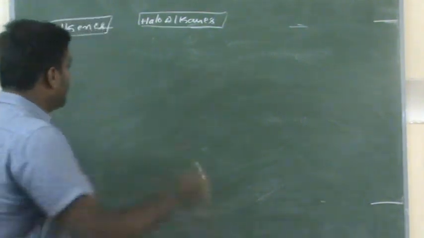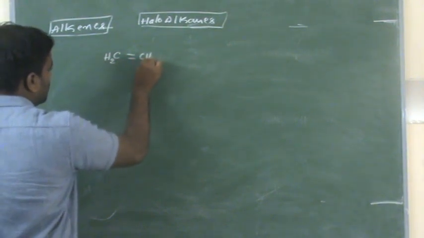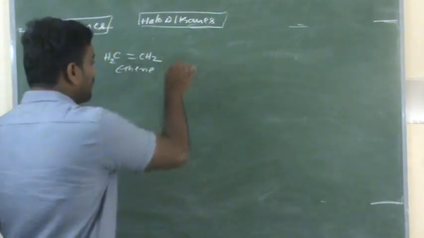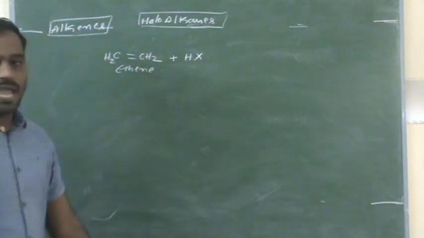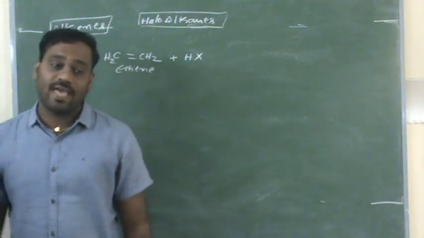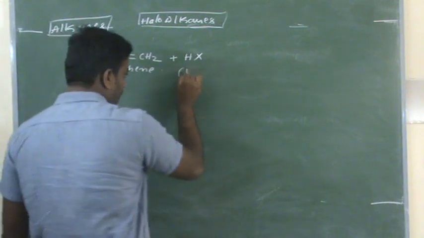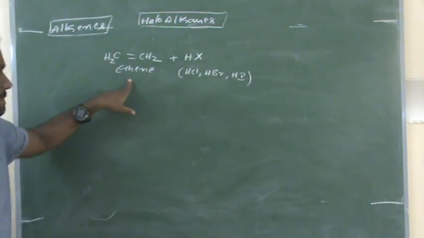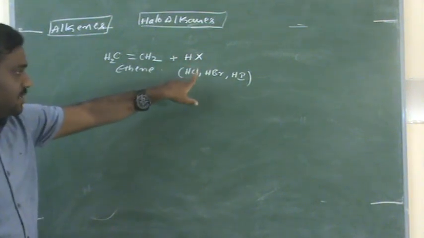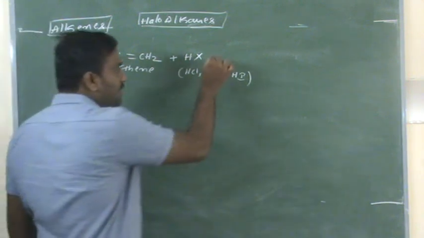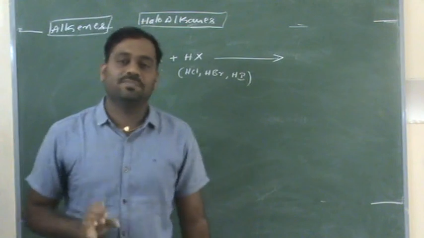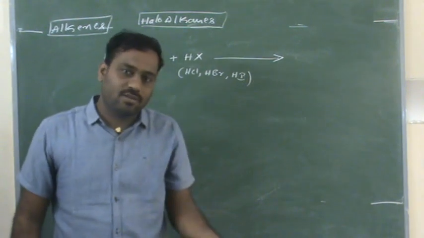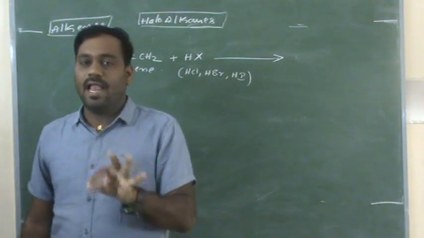The reason is, if you take the alkene CH2=CH2, ethene, the best example of a symmetrical alkene, and further add HX, hydrogen halides, that is either HCl or HBr or HI, then an electrophilic addition takes place, meaning there is a generation of an electrophile followed by addition of that electrophile to the alkene.